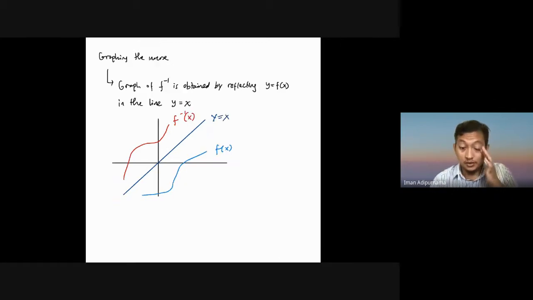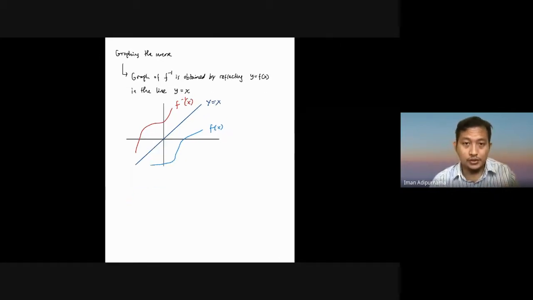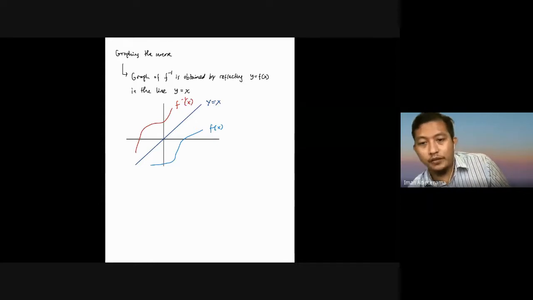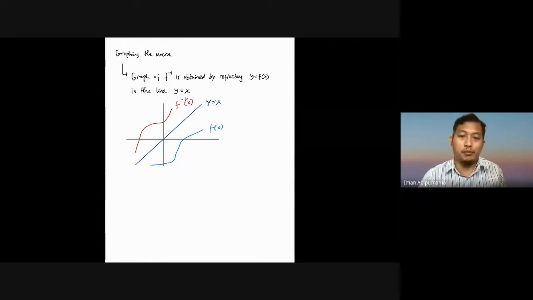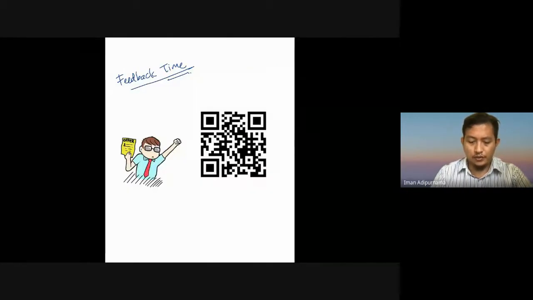As usual, you can prepare pen and paper. We will have a quick review for feedback time. So please prepare pen and paper and your smartphone for scanning the QR code. Okay, let me move to feedback time.